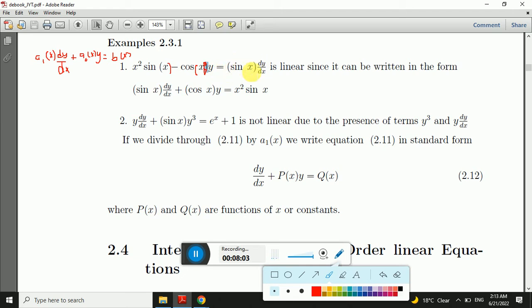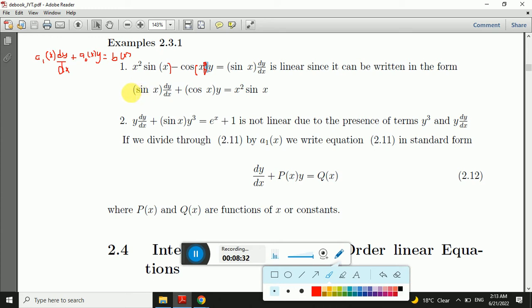So you can see that if you begin with this side, you have sine x dy dx, which will be the same as having a1 of x dy dx, and then plus. Realize that when you take this minus cos x y to this side, you have plus cos x y equaling, so this side you are only left with x squared sine x.